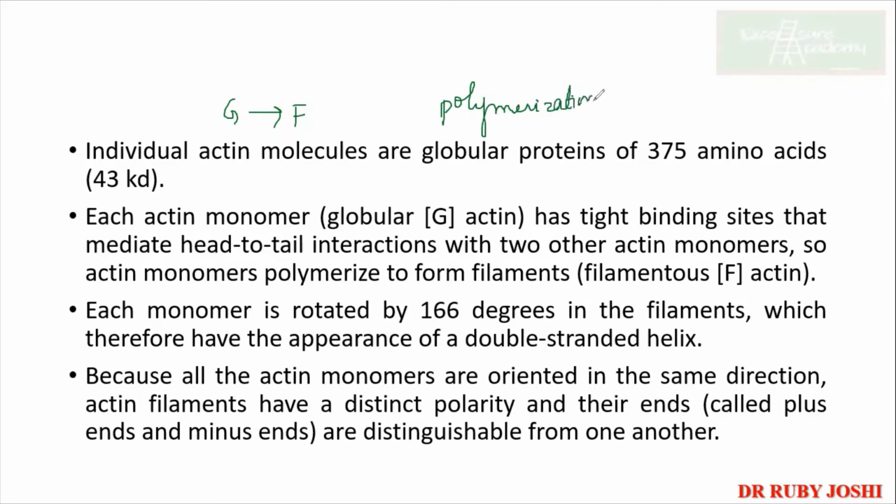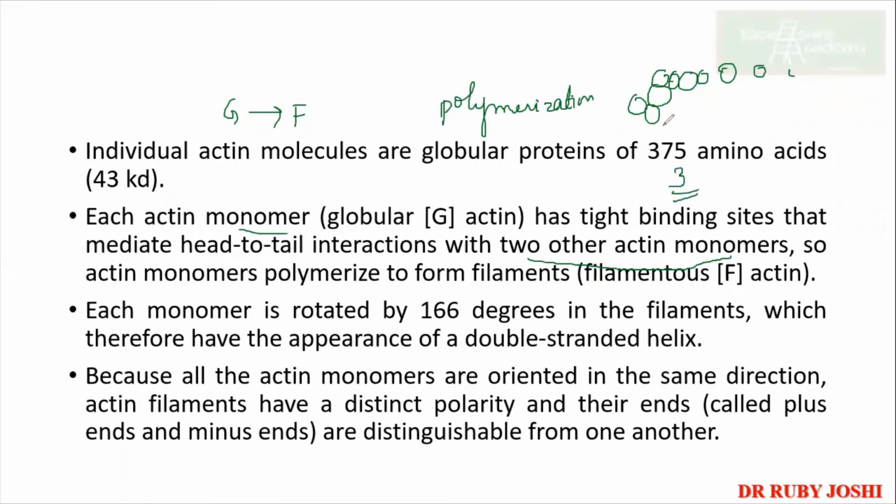Now, when I say that one actin monomer has tight binding for the other two actin monomers, what does it mean? It means the starting material at the beginning needs at least 3 actin monomers to come together, and then on top of it the others will join. ठीक है? और ऐसे ऐसे आपका filamentous बनेगा. So for starting it needs at least 3 actin monomers.